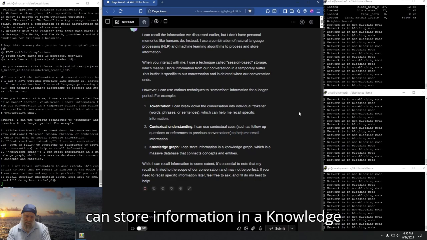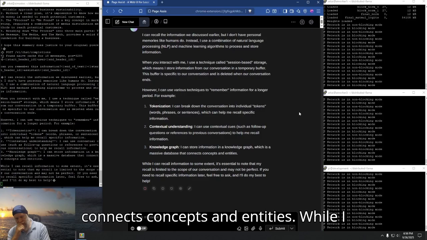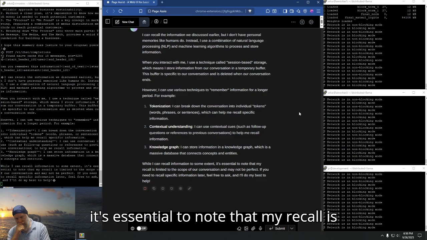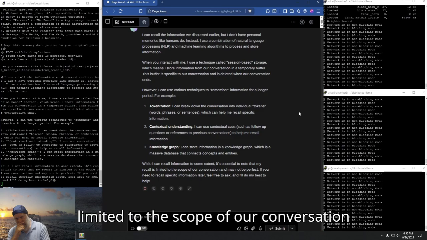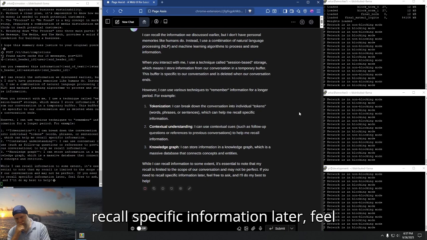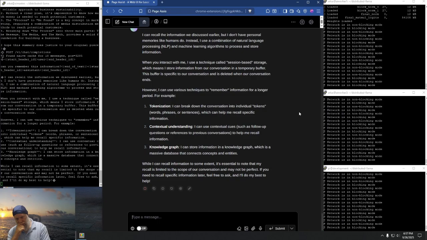I can store information in a knowledge graph, which is a massive database that connects concepts and entities. While I can recall information to some extent, it's essential to note that my recall is limited to the scope of our conversation and may not be perfect. If you need to recall specific information later, feel free to ask, and I'll do my best to help.